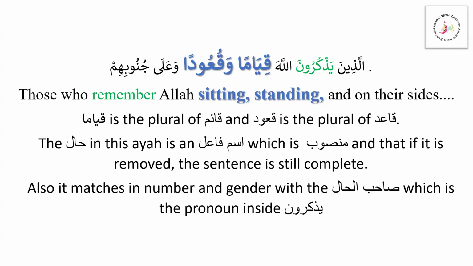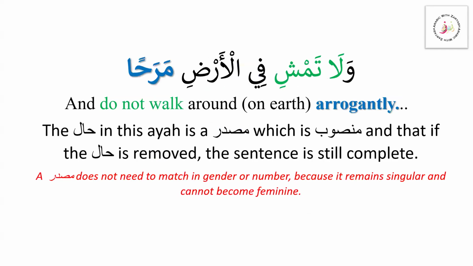Also, it matches the number and gender with the sahibul hal. In this case, it is yadhkuruna, so we know that they are both plural forms, qiyaman and qu'udan. So we have these examples for this hal as a singular or a mufrad ism.